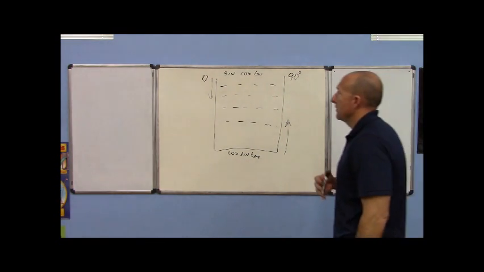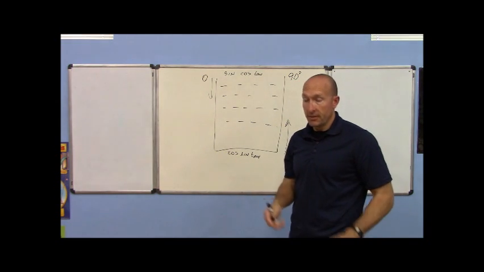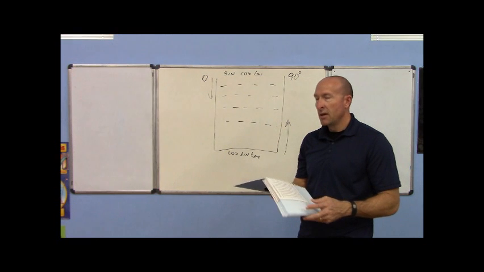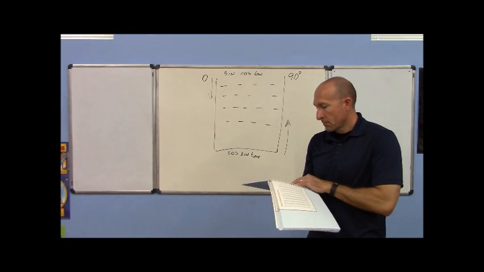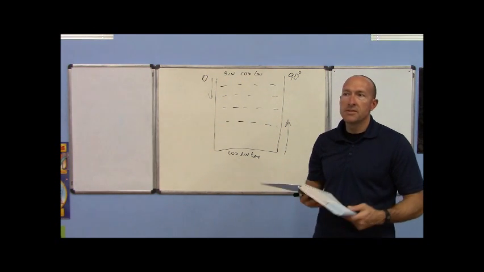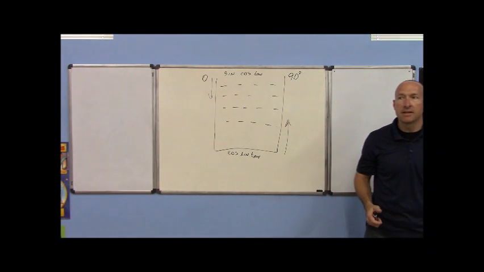So if I said find 47 degrees, okay, we'll do the tangent of 47, I'm sorry, let's do 69 degrees. What is the tangent of 69 degrees?